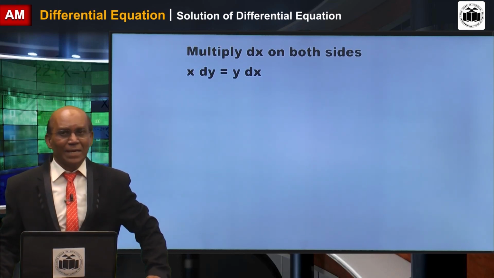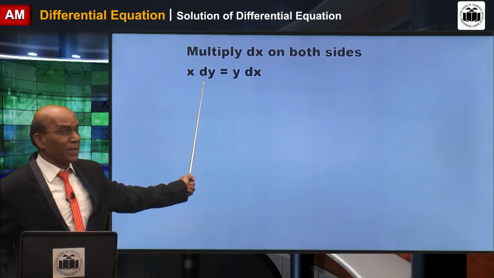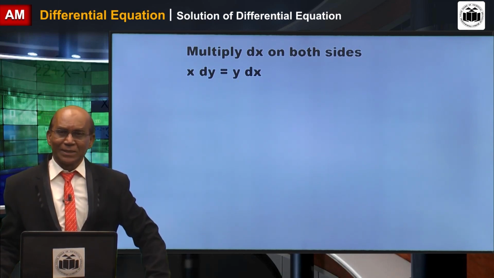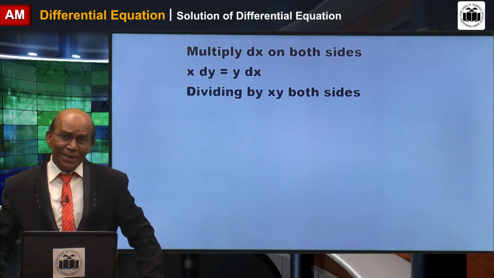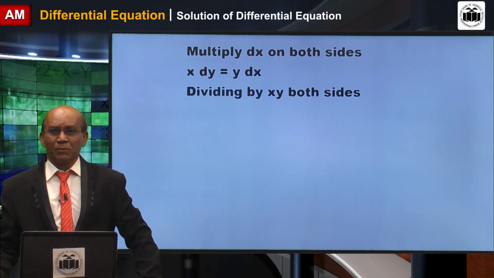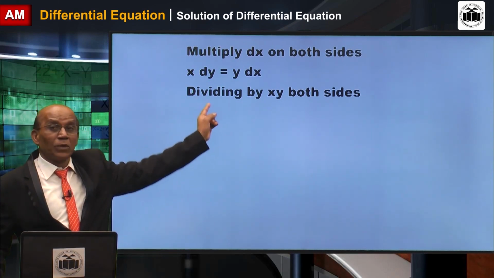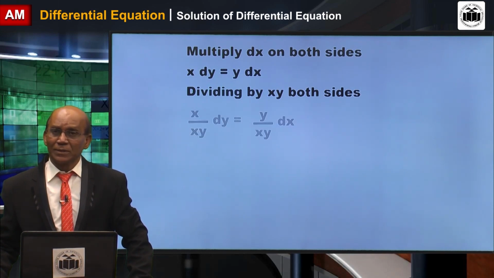But again here, x is not a coefficient of dy and y is not a coefficient of dx. Therefore, we divide by xy, because we don't want x and y in that particular term, and hence we divide on both sides.